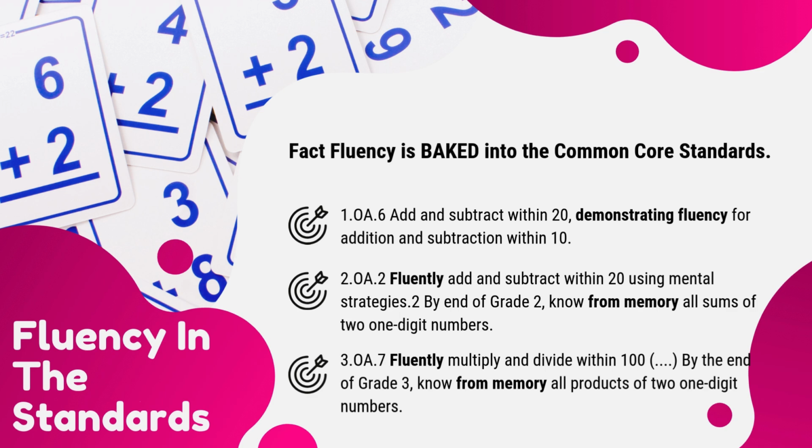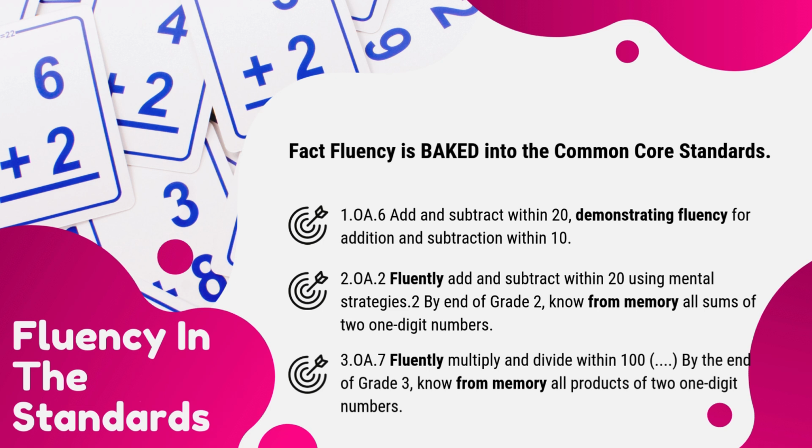But by the end of the year, they also need to know those facts from memory. Again, there's a little bit of a caveat here: memory is for the products of one-digit numbers. Whereas fluently, we might be able to expect students to multiply, for example, 2 times 30, right? A number where you're multiplying by a decade number.